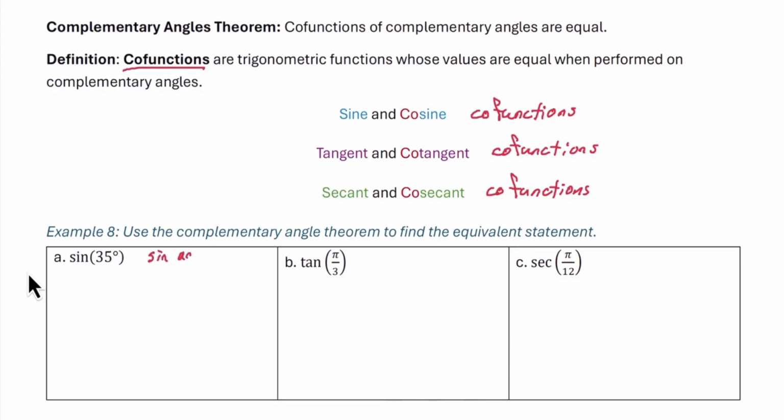Sine and cosine are cofunctions. So we'll be looking at something in terms of cosine. And we also want to know the complement to 35 degrees. Remember that complementary angles have to add to 90 degrees.